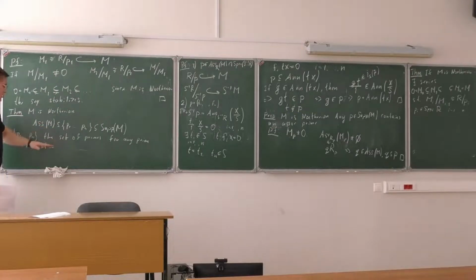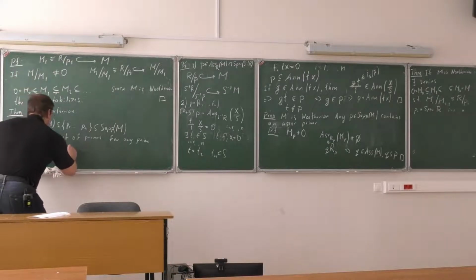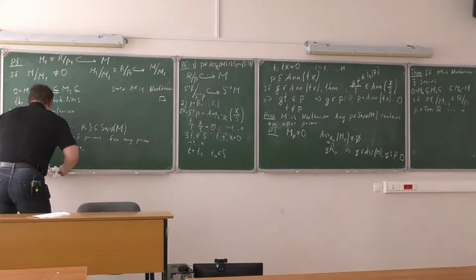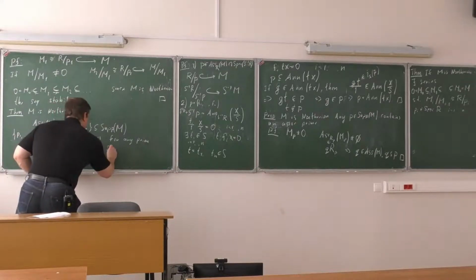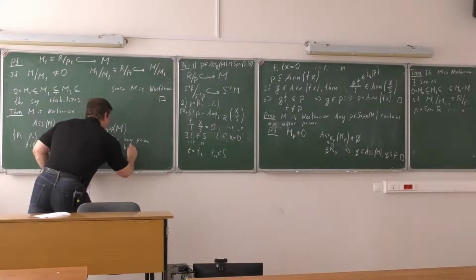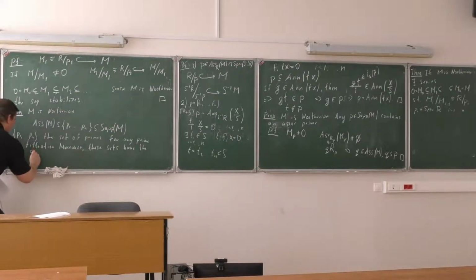This is just to give a name to the set of primes that we obtained in the previous theorem. So we have 2 such inclusions, and we have an actually more interesting statement. Moreover, these sets have the same minimal elements.